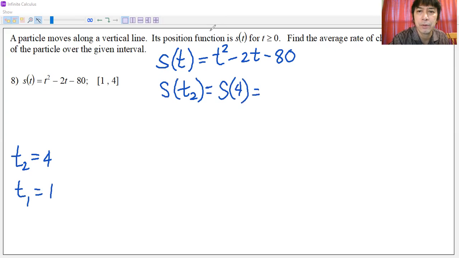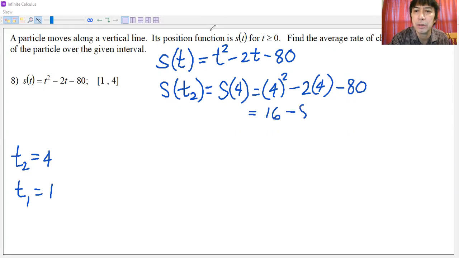S of 4 is equal to 4 squared. Remember, the 4 will now be occupying all letter T's. So that's 4 squared minus 2 times 4 minus 80. And so this is 16 minus 8 minus 80.